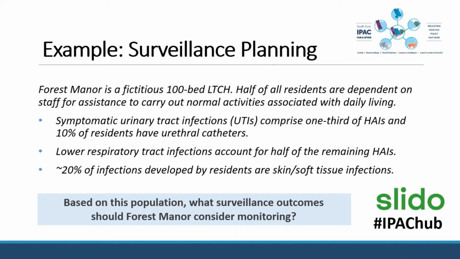Lower respiratory tract infections account for half of the remaining HAIs. Around 20% of infections developed by residents are skin or soft tissue infections. Based on this population, what surveillance outcomes should Forest Manor consider monitoring? Just know that you can select multiple answers. We'll give everyone a moment to put in their answers.